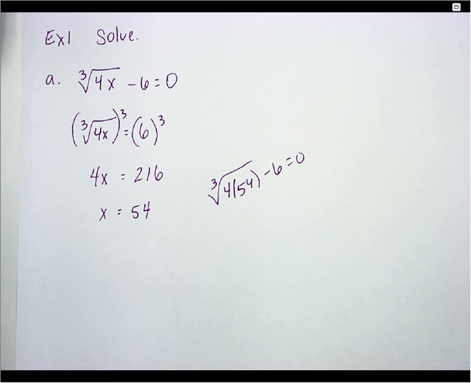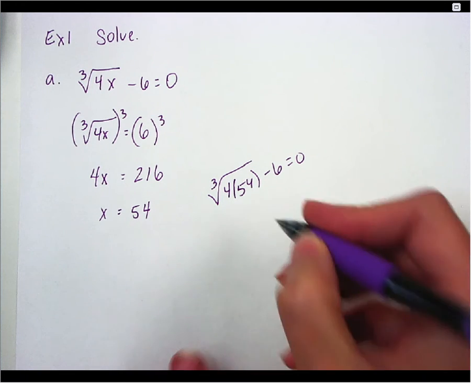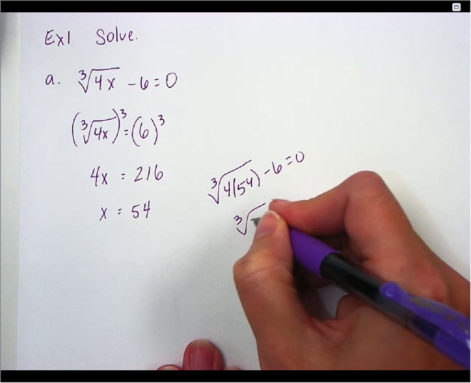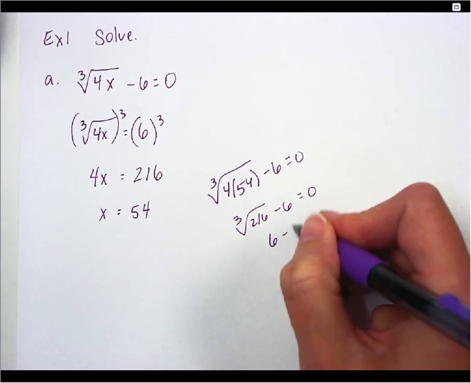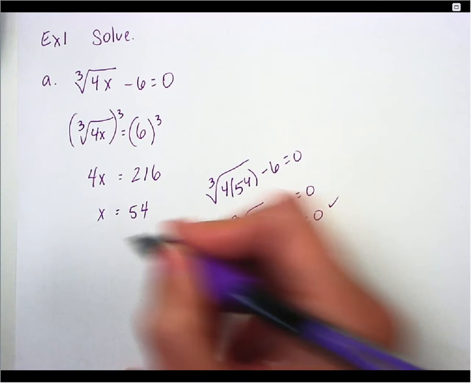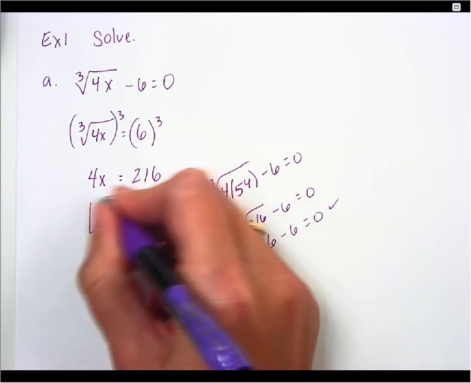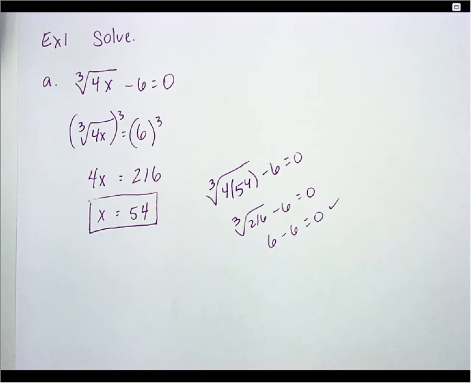All right, so you do. Underneath that cube root, you get 216, and the cube root of 216 is 6. And obviously, 6 minus 6 is 0. So x is going to be equal to 54.